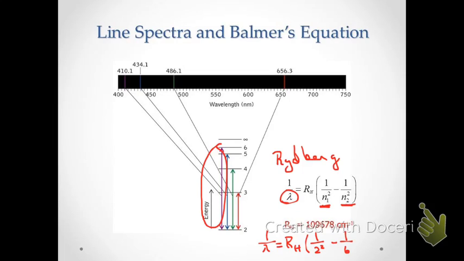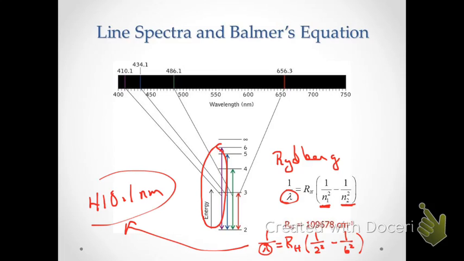So that wavelength, which is given above at 410.1 nanometers, is given by that equation. Now, you have to be careful here in doing these calculations.